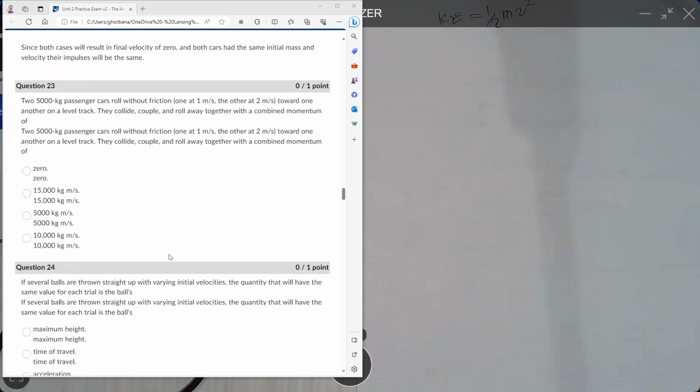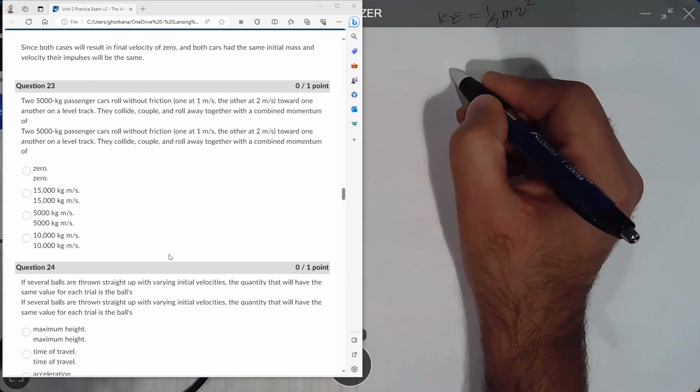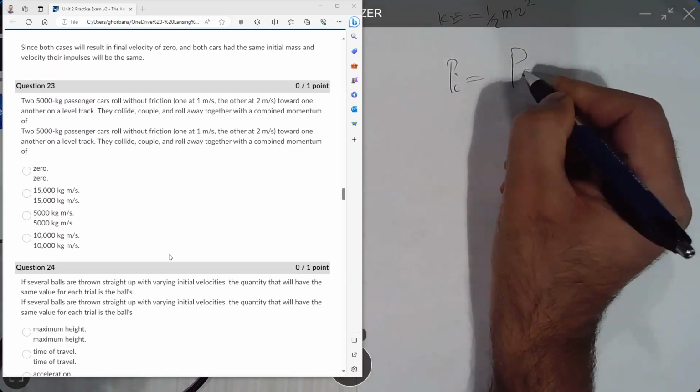Two 5,000 kilogram passenger cars roll without friction, one at 1 meter per second and another at 2 meters per second, toward one another on a level track. They collide, couple, and roll away together with combined momentum. So what is the combined momentum? Again, momentum before should be equal to momentum after.